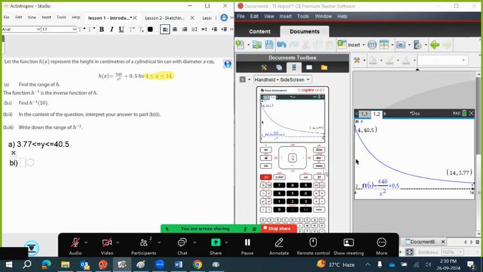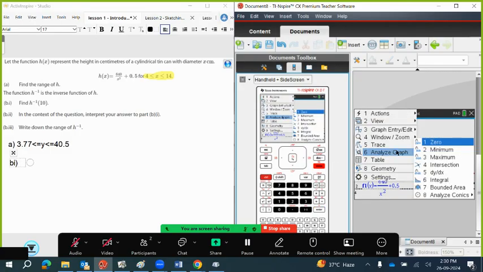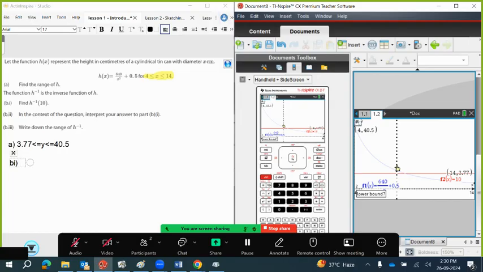What we can do here is we've got a couple of options. We can press tab and we can say what is y equal to 10, and then we can press menu and find the intersection between these two. This gives us this coordinate here. So the actual function has x equals 8.21 when y equals 10.